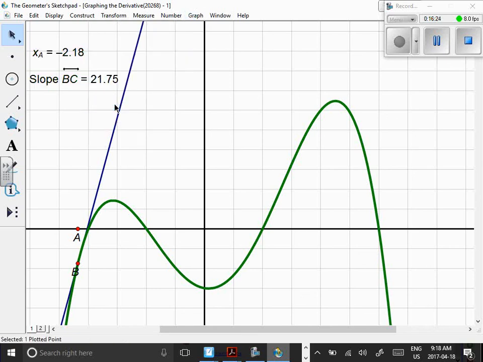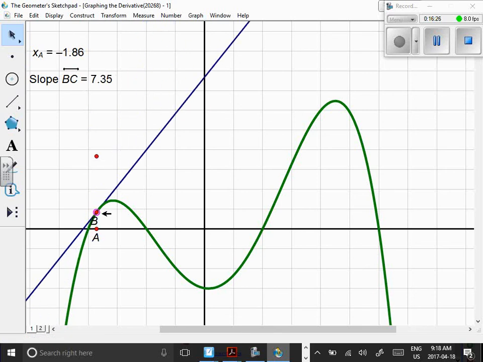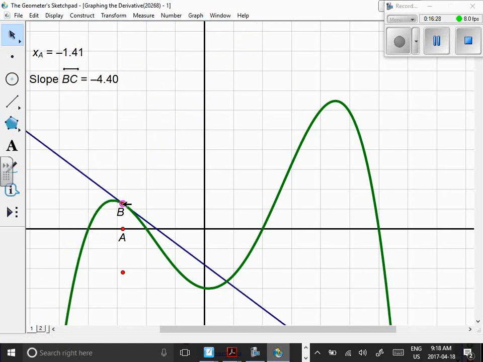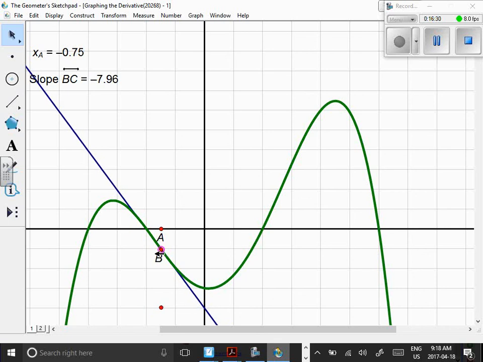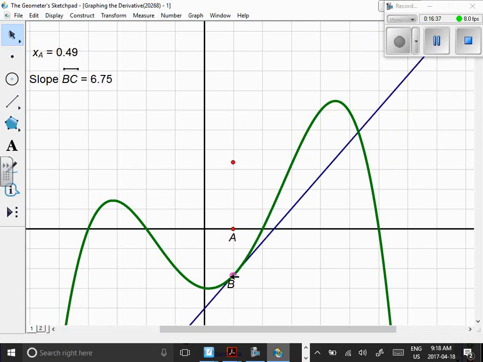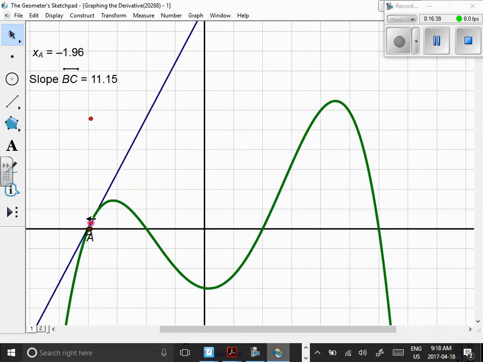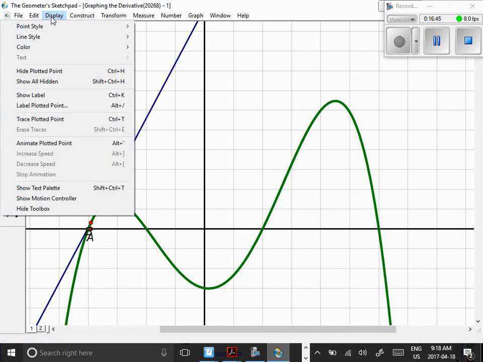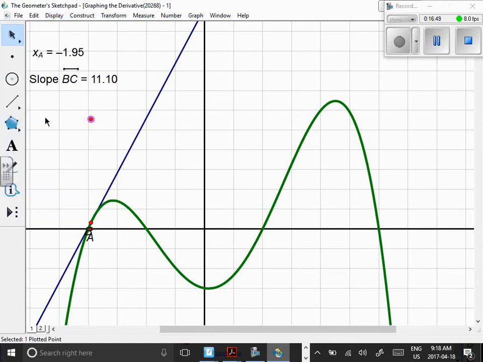Now when we move this along, you can see that point. That point is tracing out the derivative. Let's see what that looks like. I'm going to take that point and have it be traced. So we're going to trace that point and see what happens.